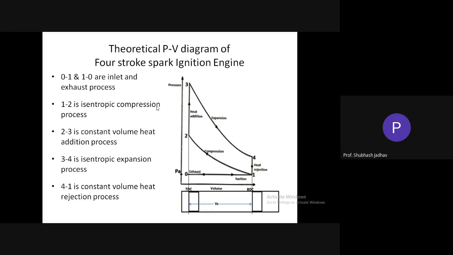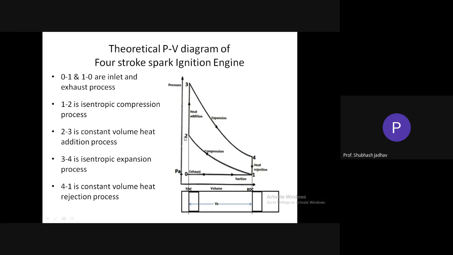Now further, the piston is supposed to move back towards BDC, from TDC to BDC. But in between, we assume that momentarily the spark is going to happen. Theoretically, at the end of the compression stroke the spark is going to happen.